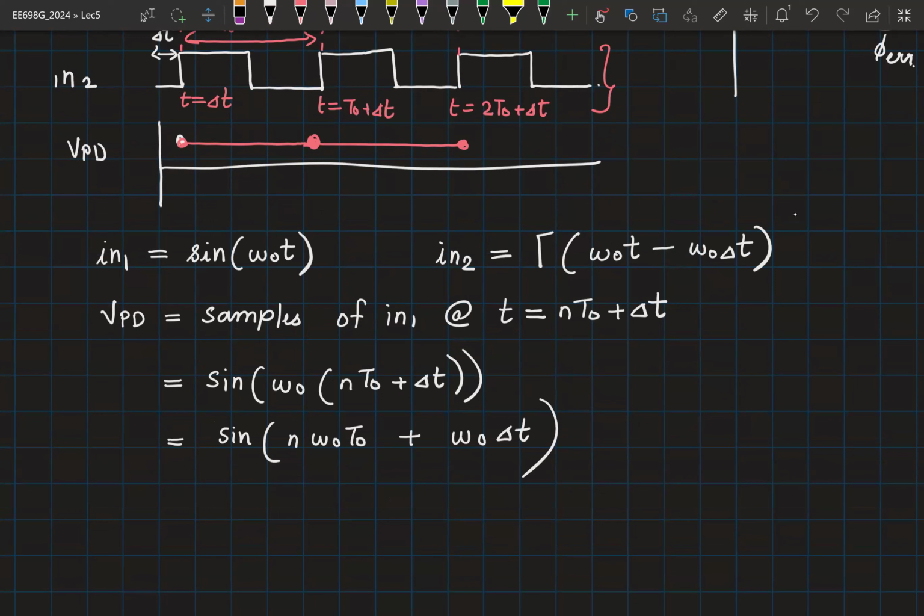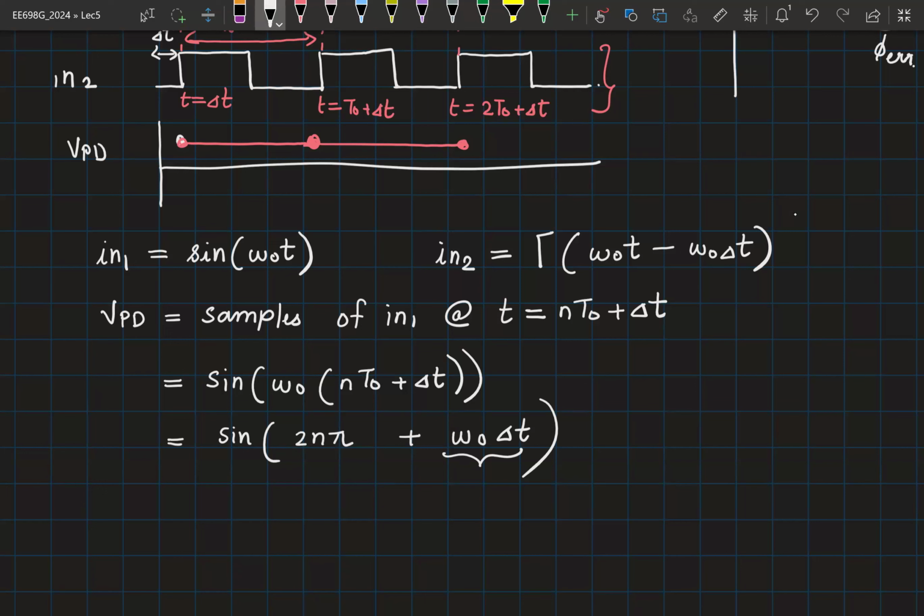Now I can replace omega naught with 2 pi by T0. Then these two will cancel, and I simply have 2n pi. What about this term? That is phase error, right?